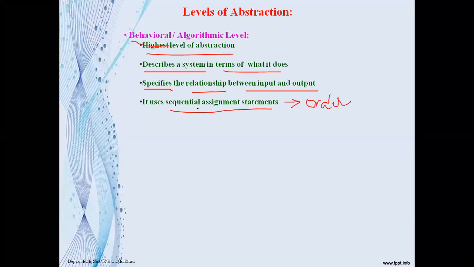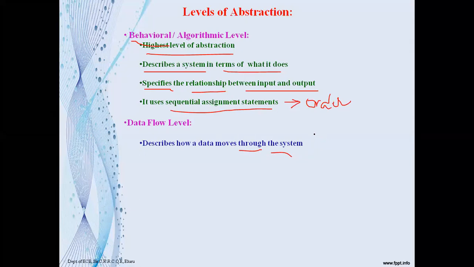And the second one is the data flow level of abstraction. The data flow level describes how the data moves through the system. When you apply input, how is the output produced by the circuit?